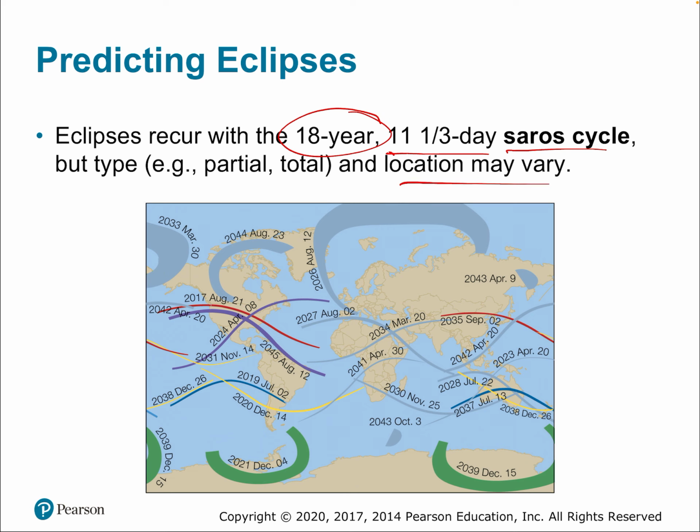So sometimes we have paths of totality that are way down in Antarctica. Other times we have paths of totality that cross right across North America. We had one that crossed back in 2017, this big red line cutting across the country, right? And we're going to have another one in 2024 that'll come up through Texas and cross across the country as well.